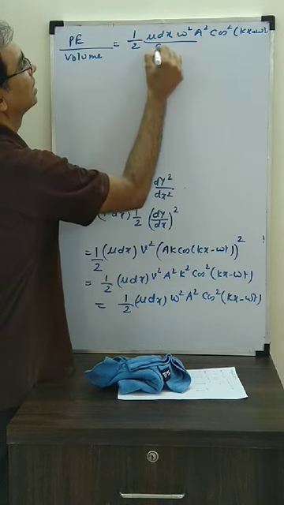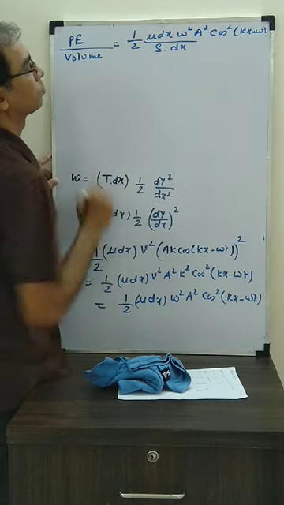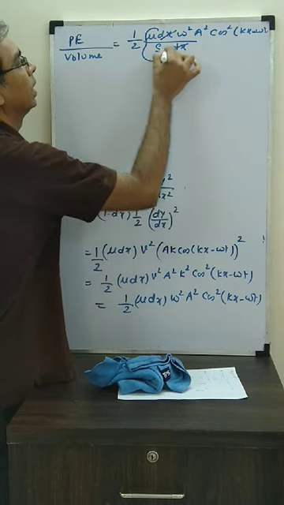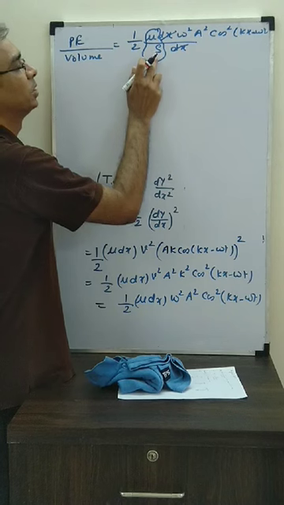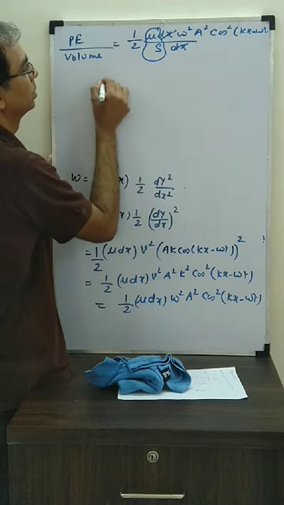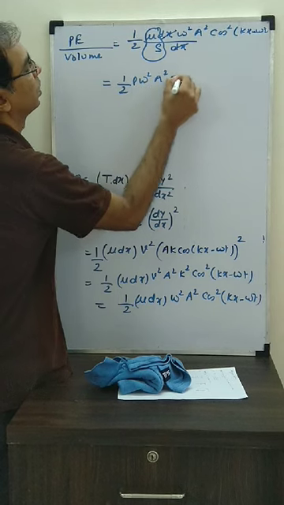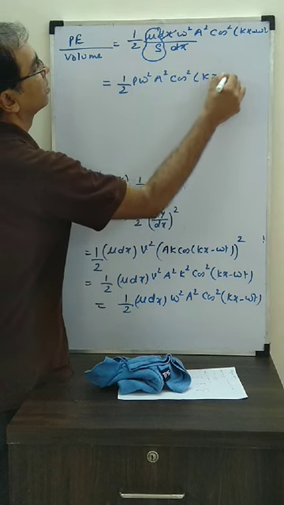And what is volume? S into dx. This dx gets cancelled. Mu by S means what? It becomes rho. So this will become half rho omega square A square cos square kx minus omega t.